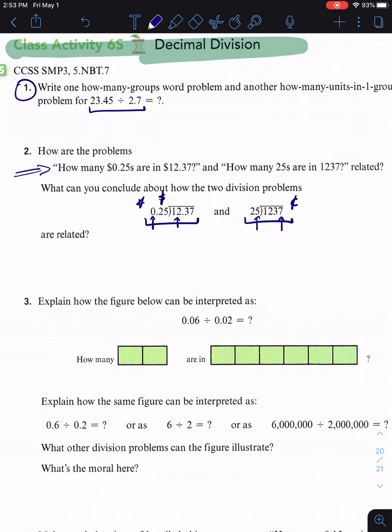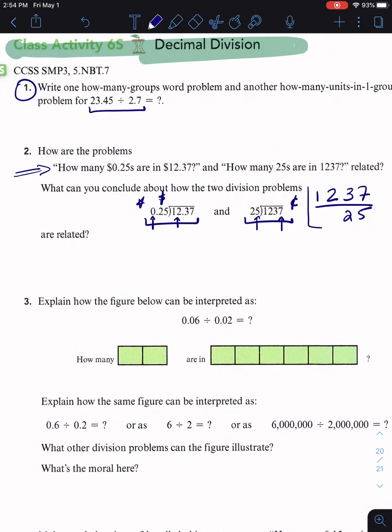So if we look at place values, we have 1237. If we align the place values of the numerator with the denominator, the 7 is the same place value as the 5, and the 3 is the same place value as the 2. So the 30 is the same place value as the 20. Good.